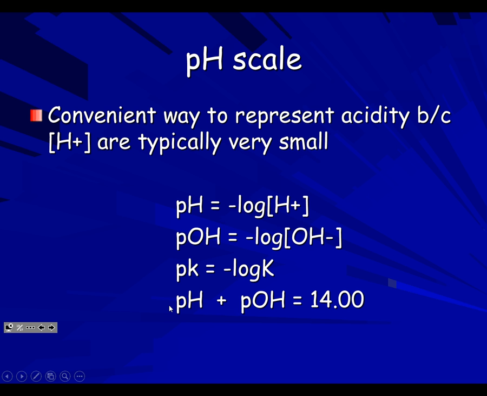P always means take the negative log of whatever you're representing. In this case, for the pH, we take the negative log of H. In pOH, we take the negative log of OH. We can take a pK, and a lot of times it's a pKa or a pKb, negative log of K.